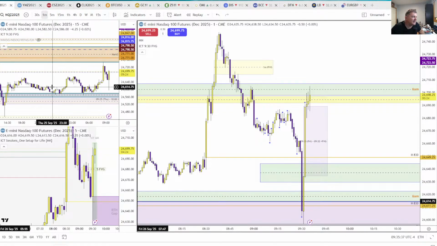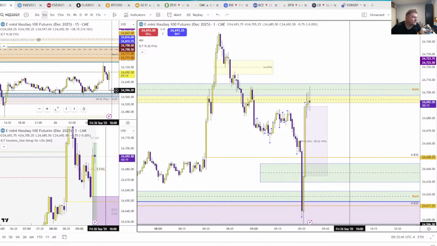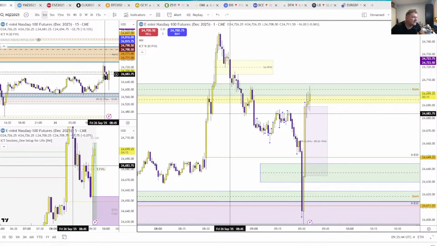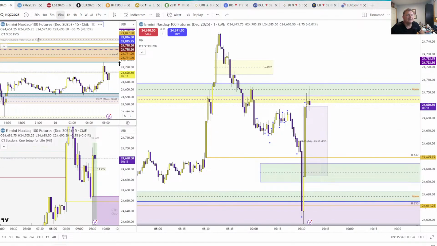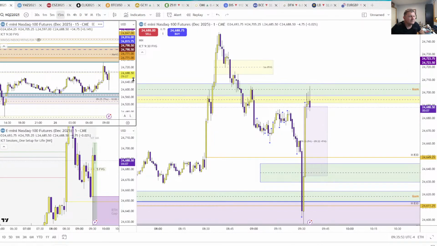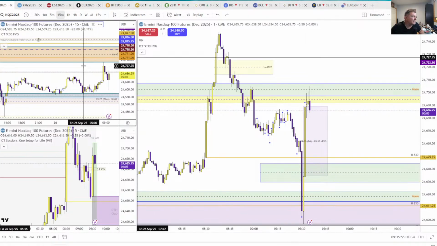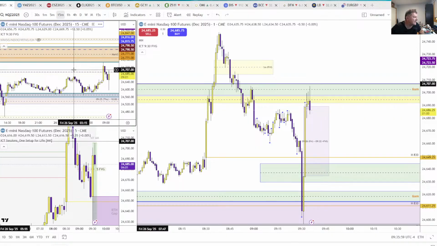You look at your 15-minute, here's your discount box right here. Now you want to see it trade through this level and get on top of this and start going higher. If you look at the hourly chart, it's coming back up into an area right there.